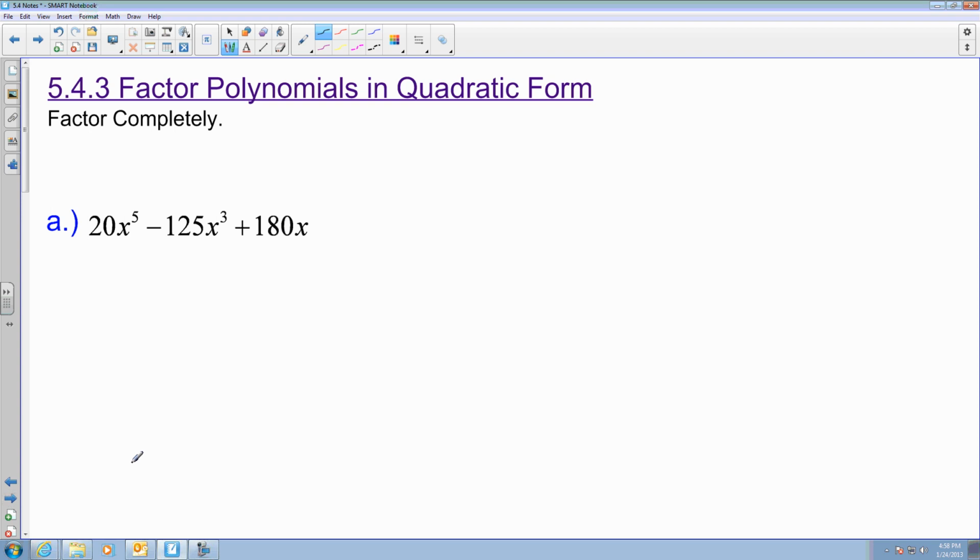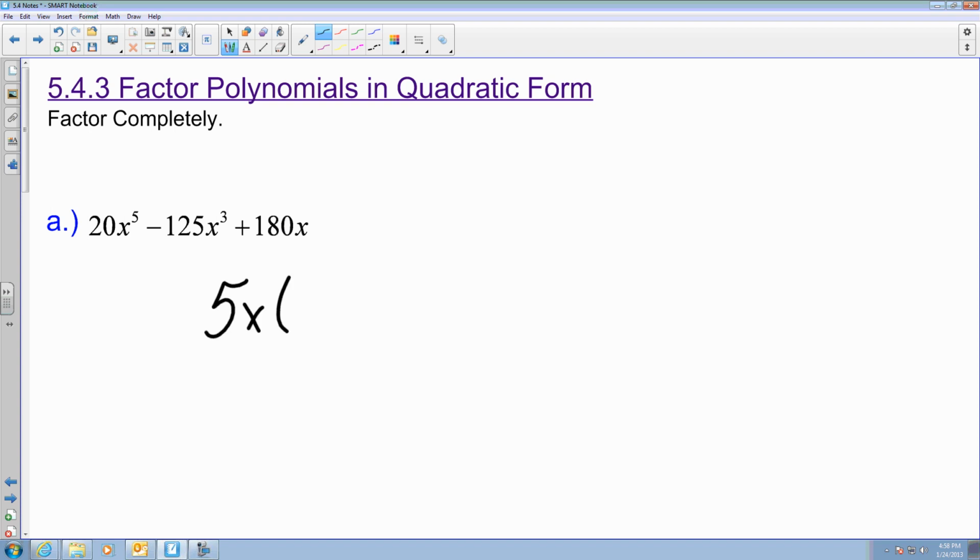These examples, they don't tell you exactly how they want you to solve it, either by grouping or by finding common monomials or greatest common monomials or reverse FOIL. So let's just see what we can do. For this one, first off, I think I can factor out a 5x.